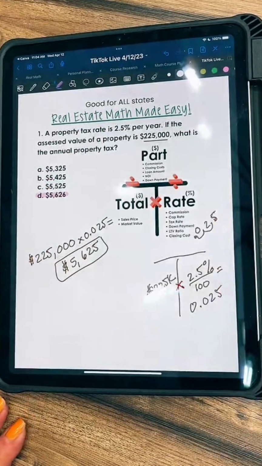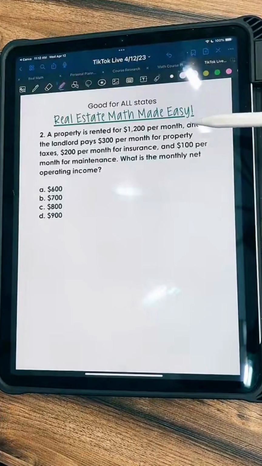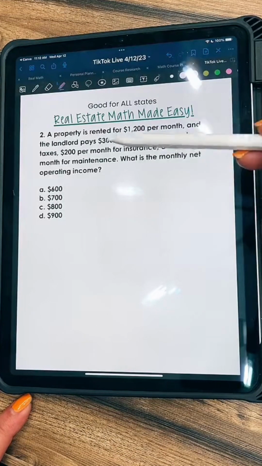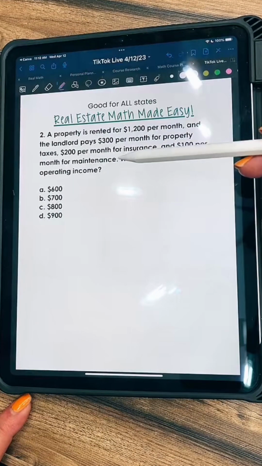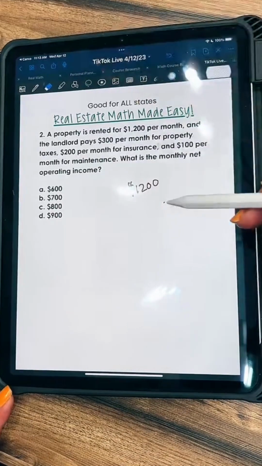All right, let's get started on the next question. It says, a property is rented for $1,200 per month, and the landlord pays $300 per month for property taxes, $200 per month for insurance, and $100 per month for maintenance. What is the monthly net operating income?